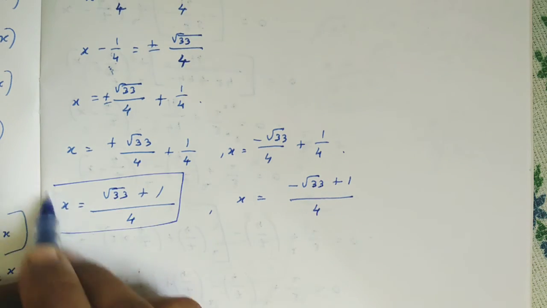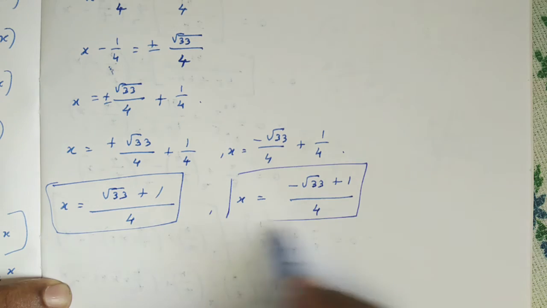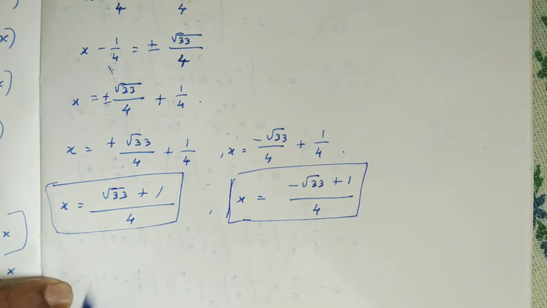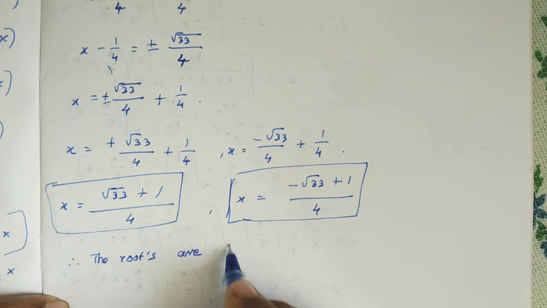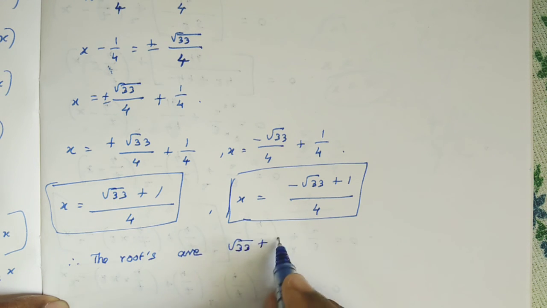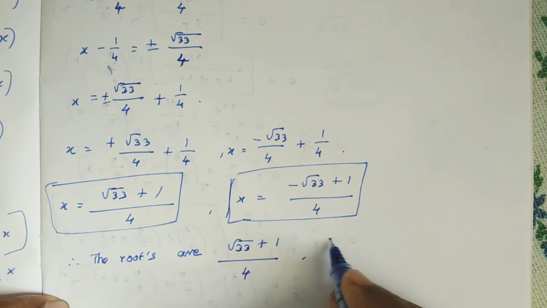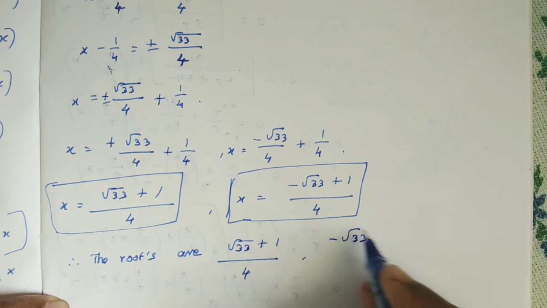Now we found the x value. Therefore the roots are root 33 minus 1 divided by 4 and minus root 33 minus 1 divided by 4.